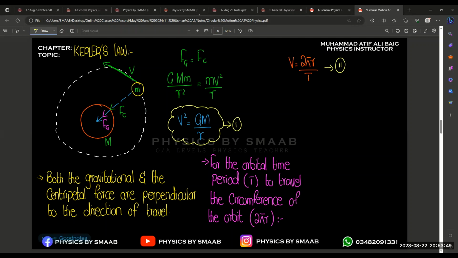Now we can see that both contain the value of v. If we substitute the value of v from equation number two into equation number one, that will be something different, right?